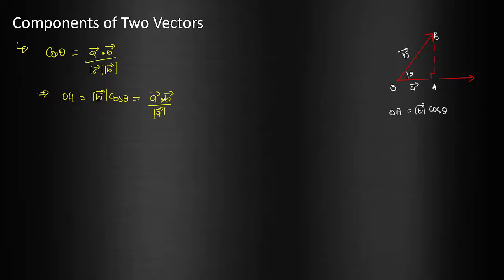Okay, we can say that this is the projection of B vector on A vector. Okay, so this is component.